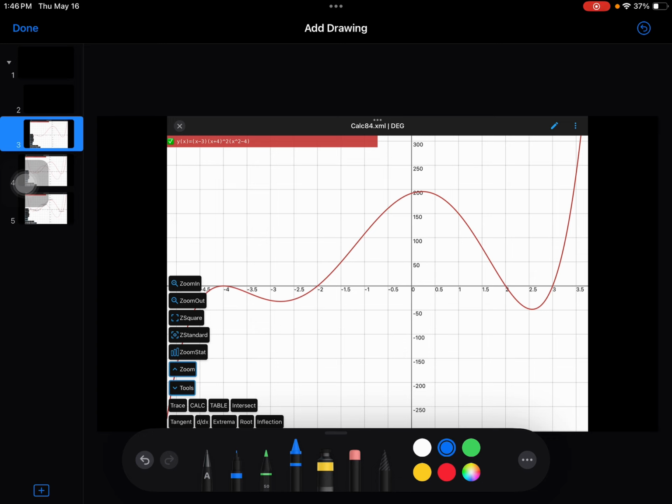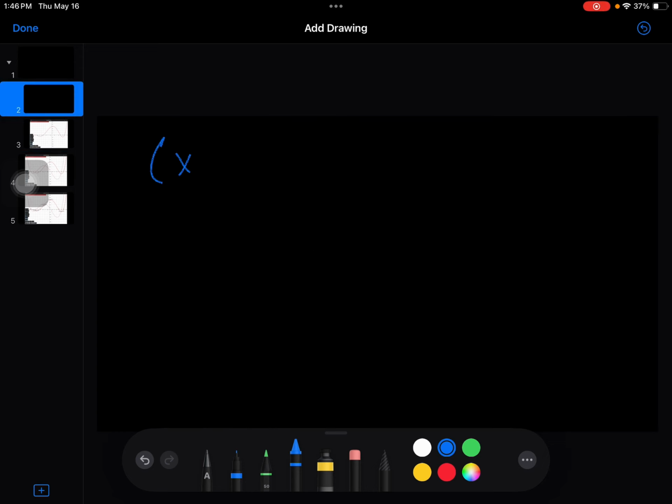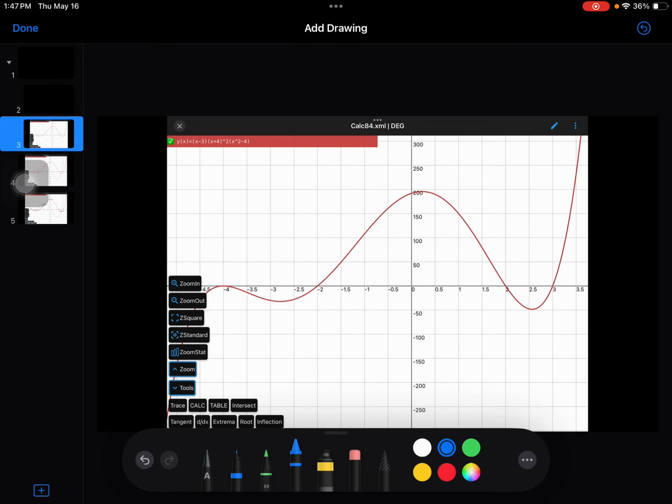What we're left with is x minus 3, x plus 4 squared, and x squared minus 4. So x minus 3, x plus 4 twice, and then x squared minus 4 is going to be x plus 2 and x minus 2. We can see that's basically what's going on here.